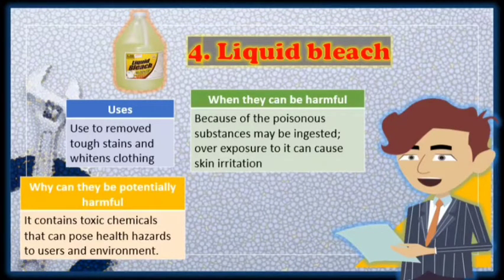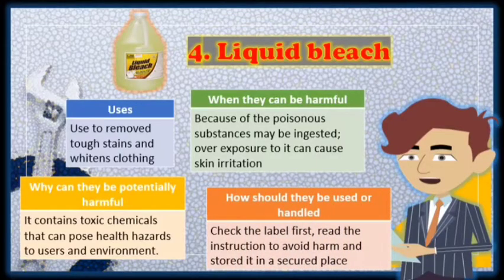Liquid bleach can be potentially harmful because it contains toxic chemicals that can pose health hazards to users and the environment. Then how should it be used or handled? You should check the label first, read the instructions to avoid harm, and store it in a secured place.